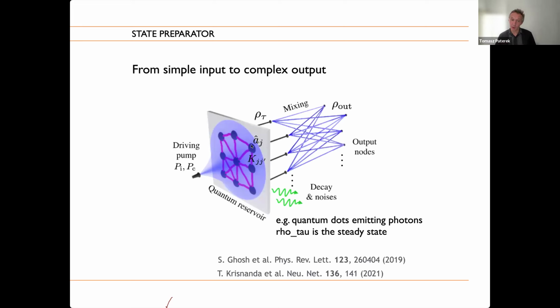Whereas for the output, imagine that you shine this light onto, again, say, quantum dots. You excite some of them, then they decay. And when they decay, they emit quantum light, single photons. Then you can put the single photons on beam splitters and phase shifters and see if you can get some interesting states out of this device. And we show that, yes, you can.